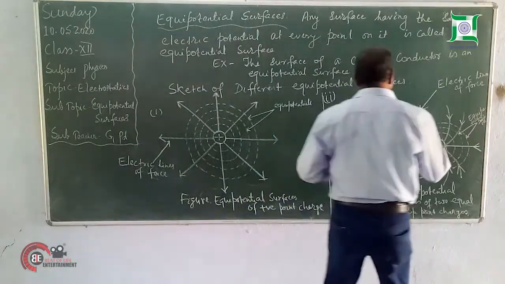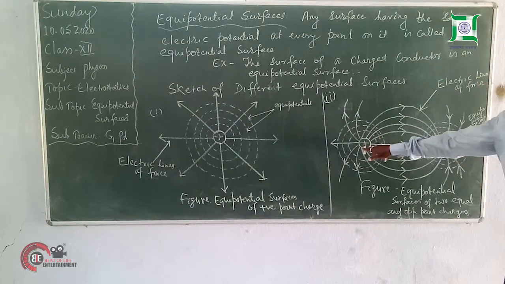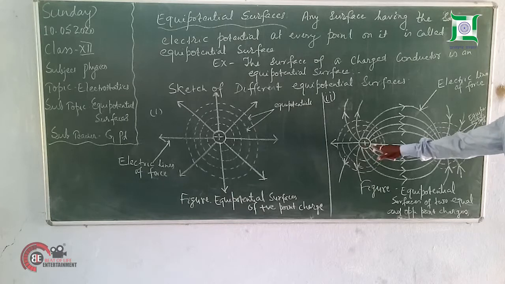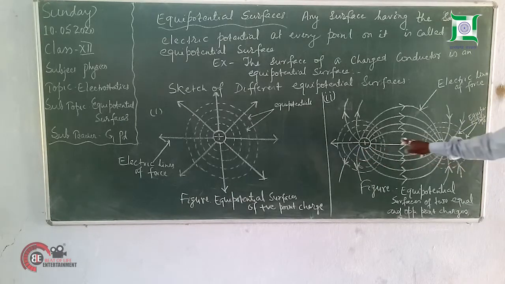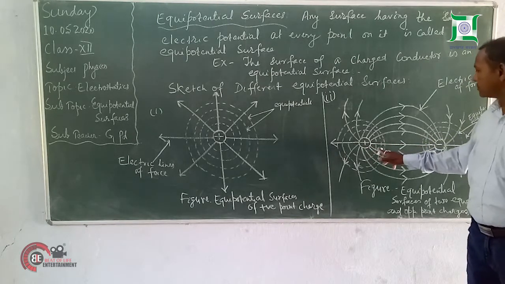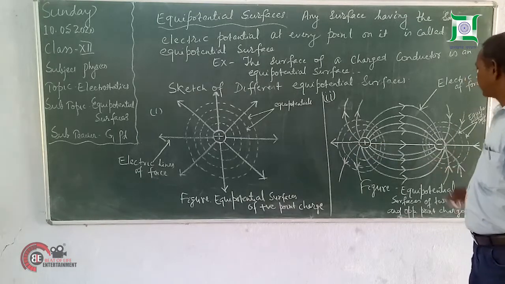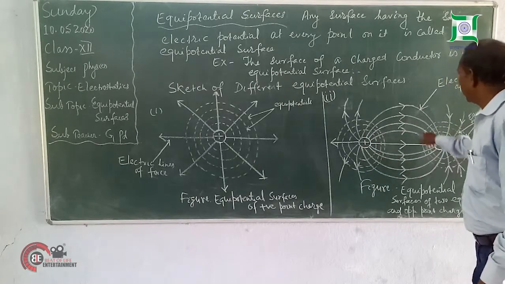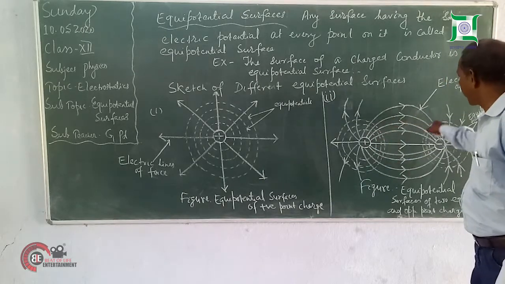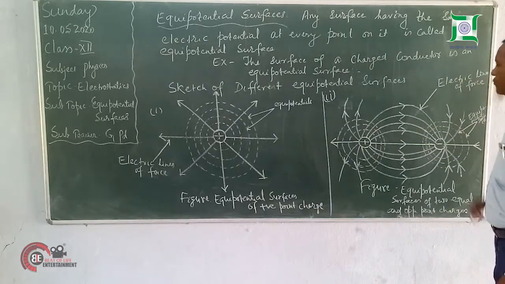In this case, two equal and opposite point charges have been placed in a space separated by some distance. There is a positive charge and there is a negative charge. So these full curved lines represent the electric lines of force.